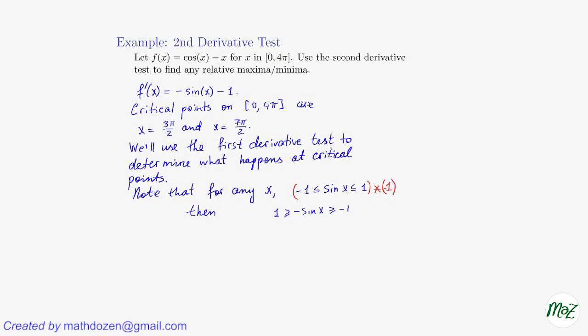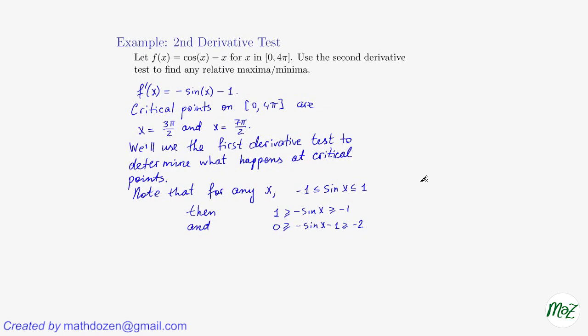When we multiply by a negative, inequality signs reverse. And then what we're going to do is subtract 1 from each term.